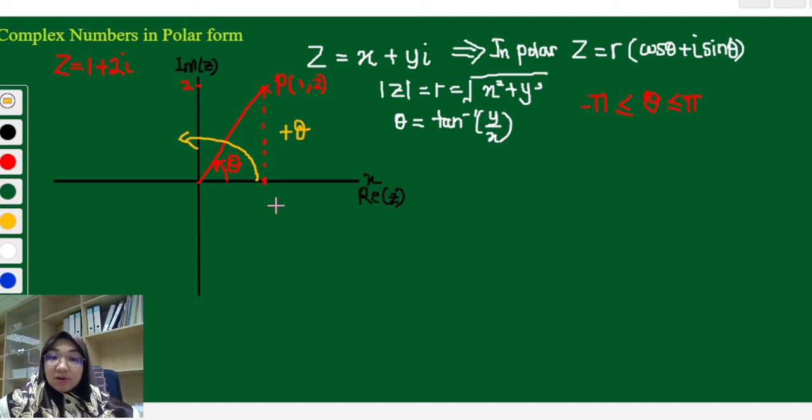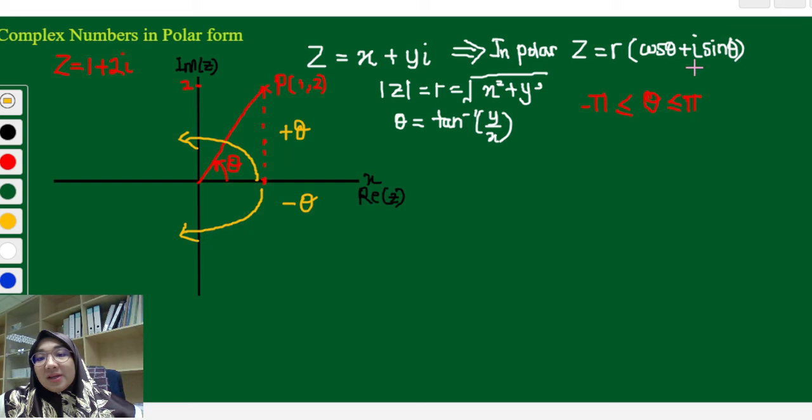Okay, so kalau reverse, kita baca clockwise pula, dia akan jadi negative theta. So that's why kat sini principal argument dia adalah between negative pi to pi. So ini kena keep in mind.